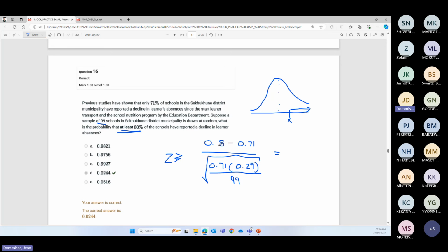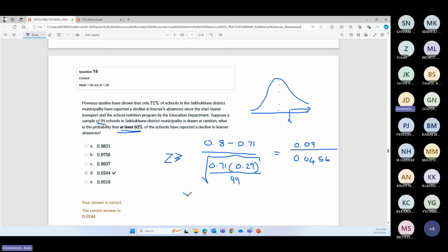So 0.8 minus 0.71, so that we don't make a mistake in the numbers, and then 0.71 times 0.29 divided by 99, and the square root of that, I get 0.0446.